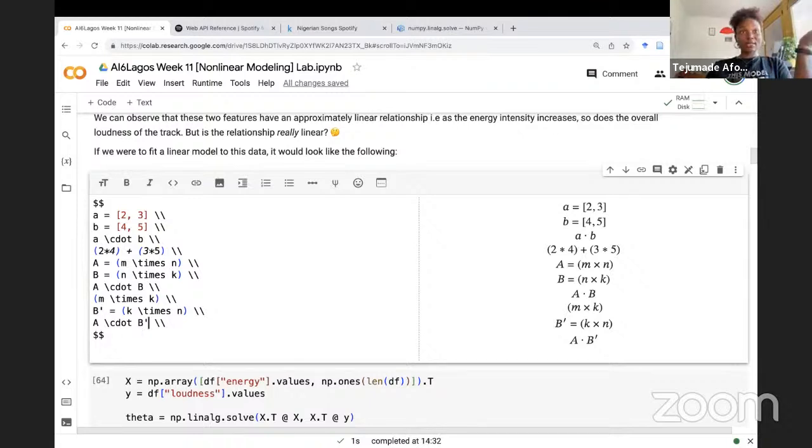Or what would you get? Maybe it's possible. So A is M by N and B prime is K by N. What is going to be the shape of the matrix A dot B prime? Obi, do you think it's also still M by K? What do you think?